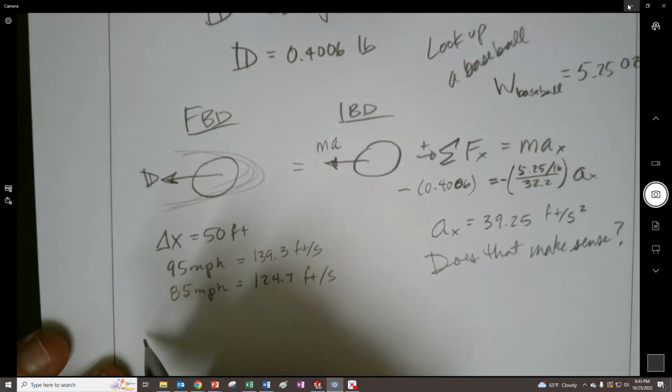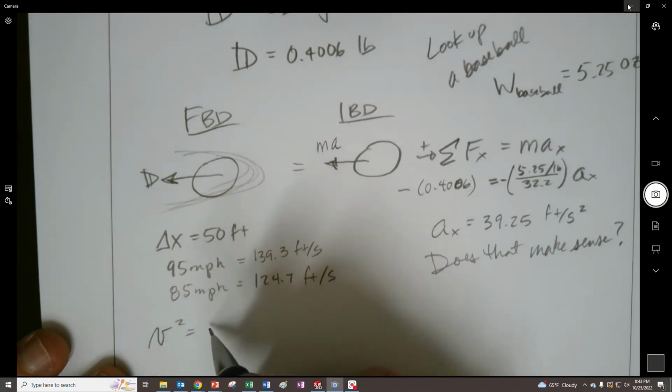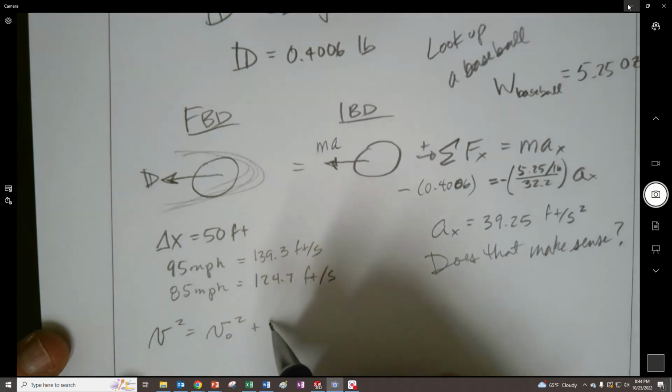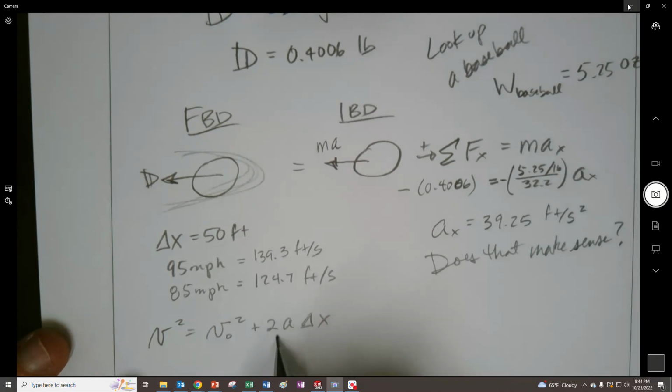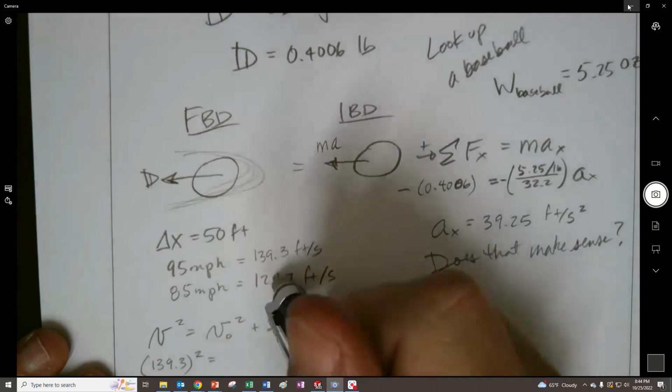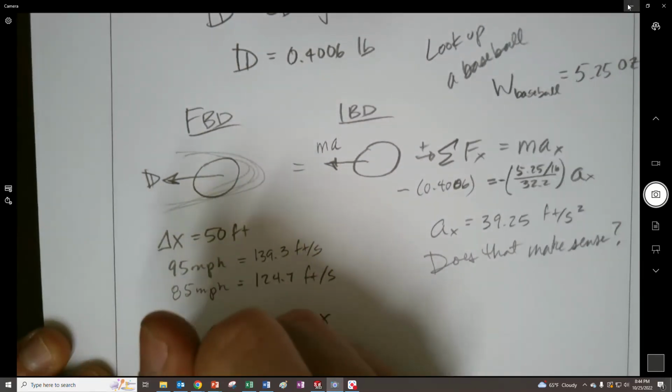across the 50 feet. So if you wanted to find what the deceleration was going to be, you could take 2 times the acceleration times the change in position, and you could solve for acceleration, right? So we can go 139.3 squared is equal to, that's the final one. My bad.